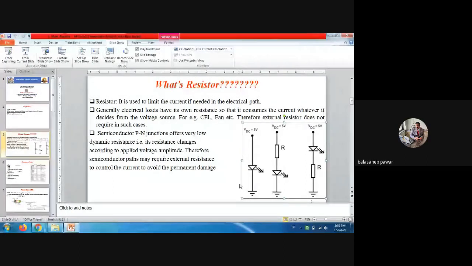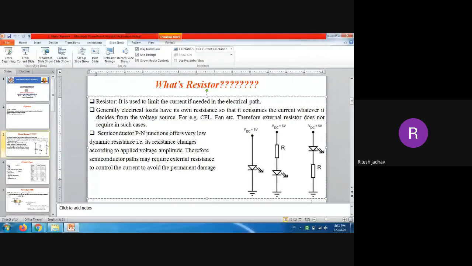Now see, I mentioned here, generally for electrical loads we never use a resistor in series. For example, our fan, we directly connect that appliance to the 230 volt mains AC supply. Whatever input impedance the electrical load offers, that means the fan and its motor winding, it offers its own resistance.